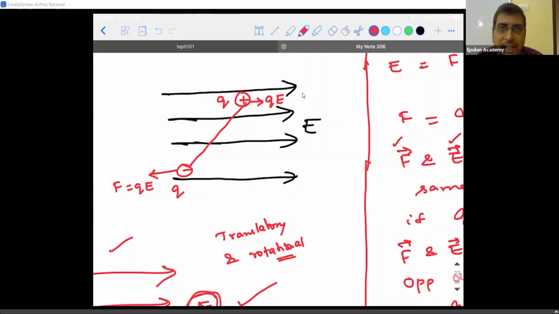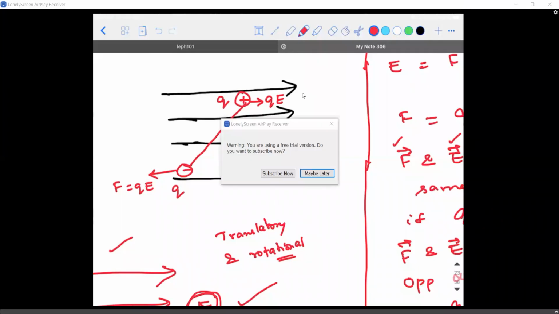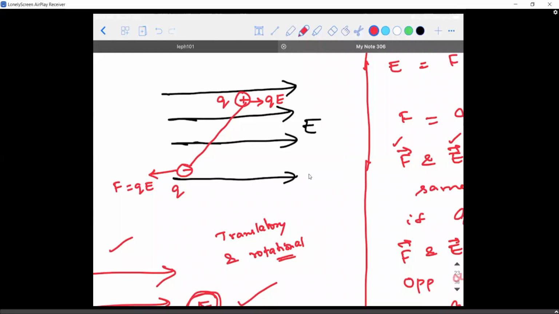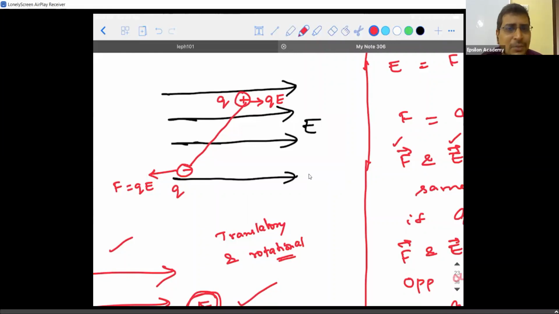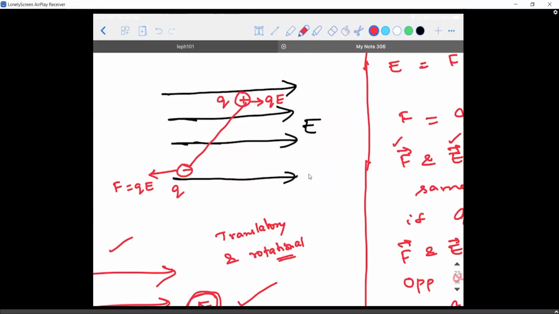When can an object have a translatory motion associated with it? It has nothing to do with path. Yes, straight line is translatory motion.